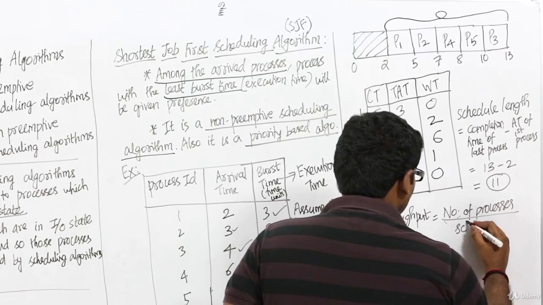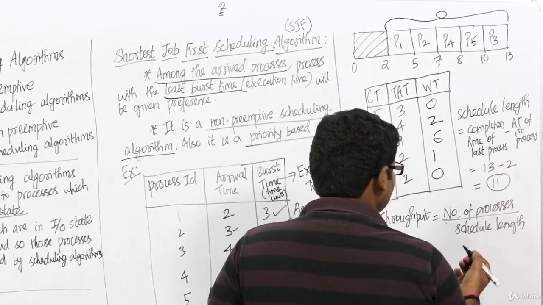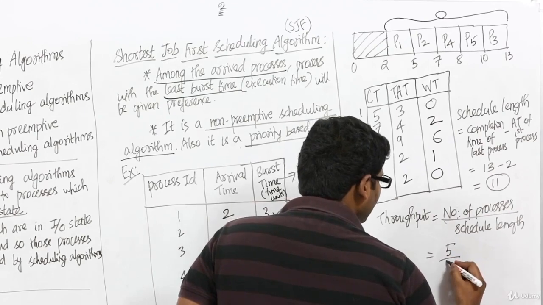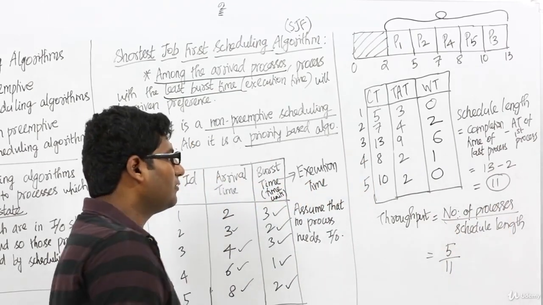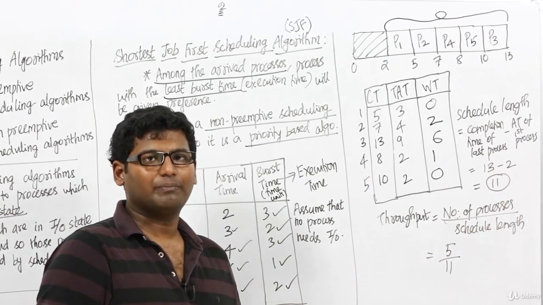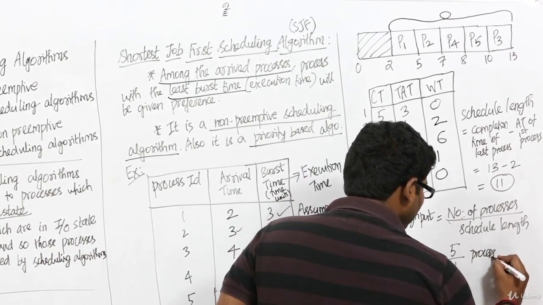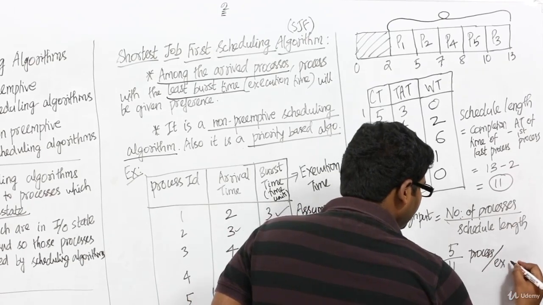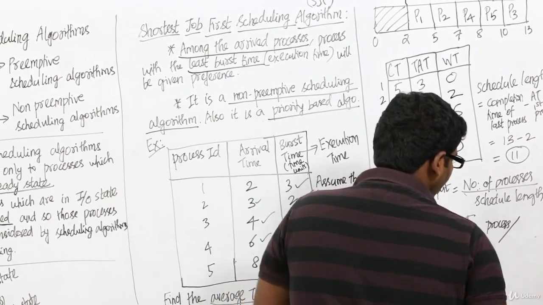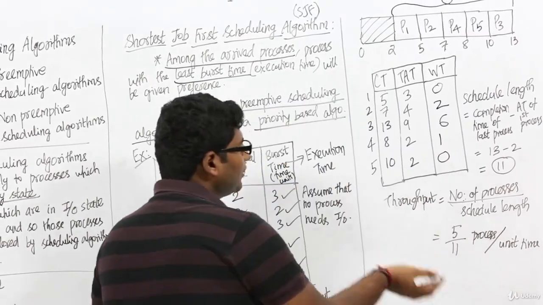The number of processes which have completed execution is 5 and schedule length is 11. So 5 by 11 is the throughput, which means 5 by 11 processes have completed execution per unit time. Sorry, the unit is processes per unit time, not execution time. So this is the throughput.